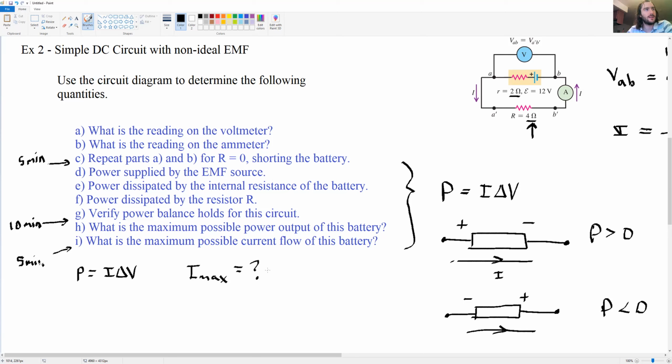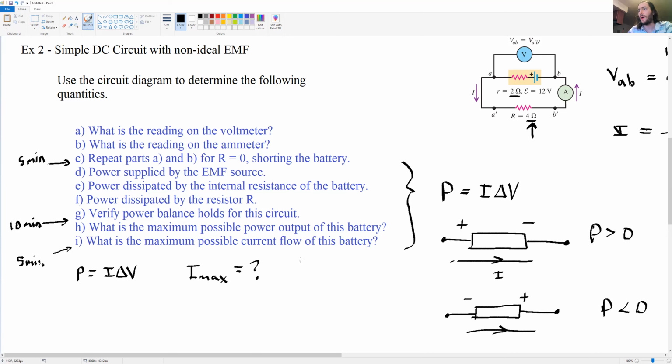But that internal resistance we can't change. We can't make it smaller or make it bigger. Well, actually, we could make it bigger by, if it's a battery, we could drain all of the chemical potential energy from the battery and the internal resistance would increase. That's just how we would model that internal resistance. But we cannot decrease the internal resistance of the battery, okay?